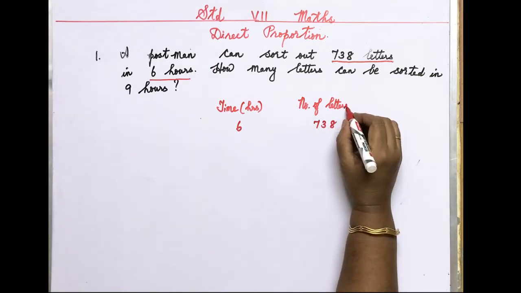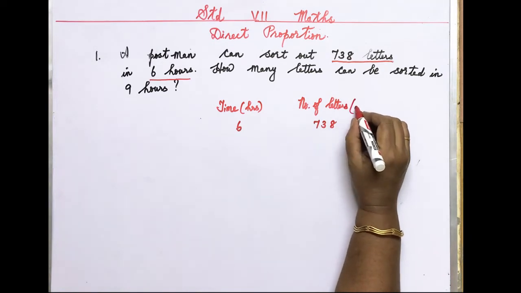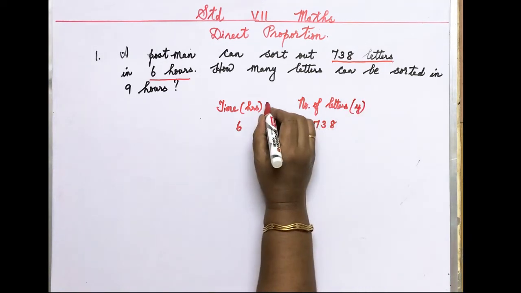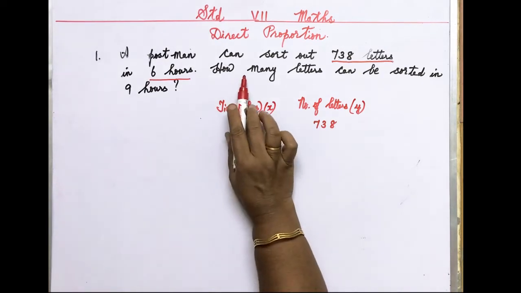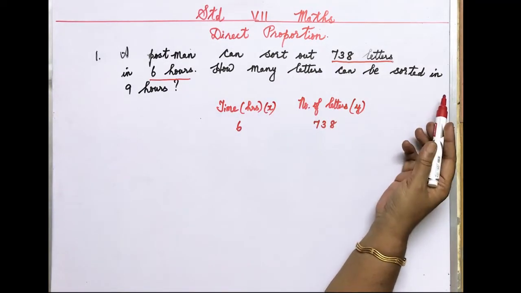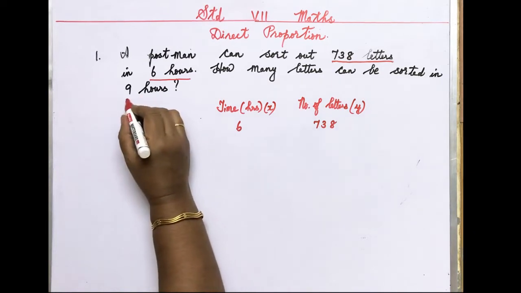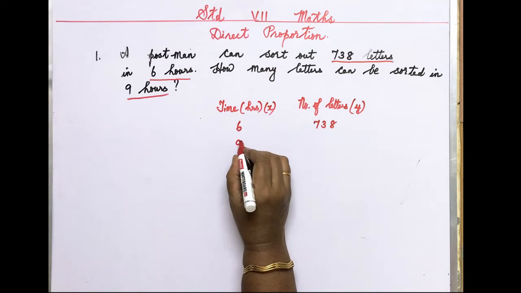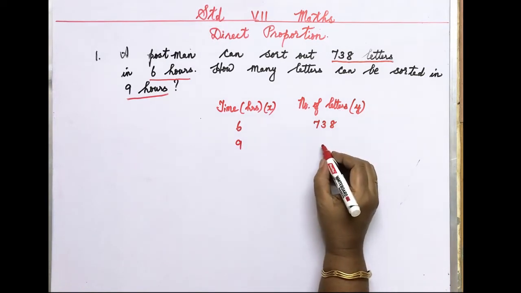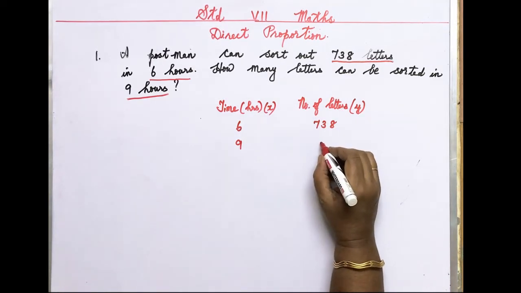So, in this, the letters quantity we can write as y and this one is x. Next, we have to find out how many letters can be sorted in 9 hours. So, this 9 hours is the time. So, that should be written in the x column. And the number of letters we have to find out. So, we can write any constant as k.